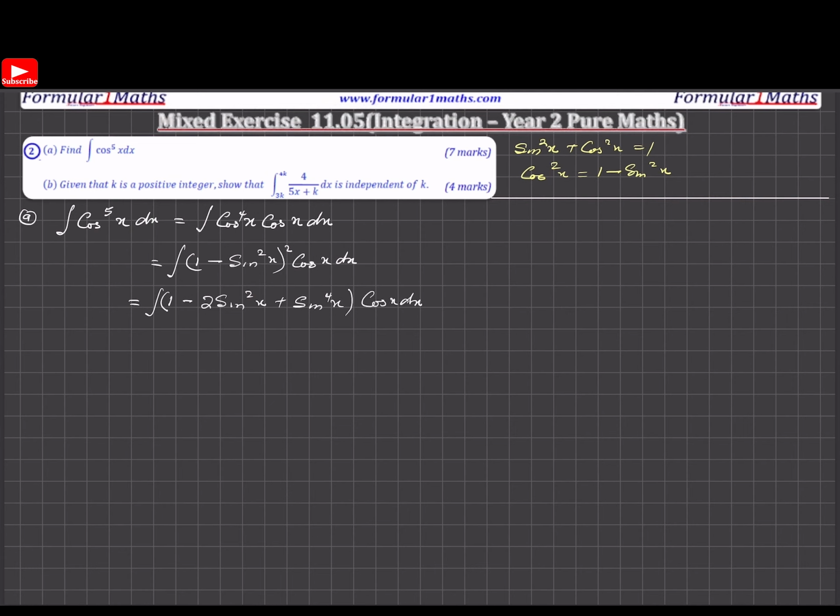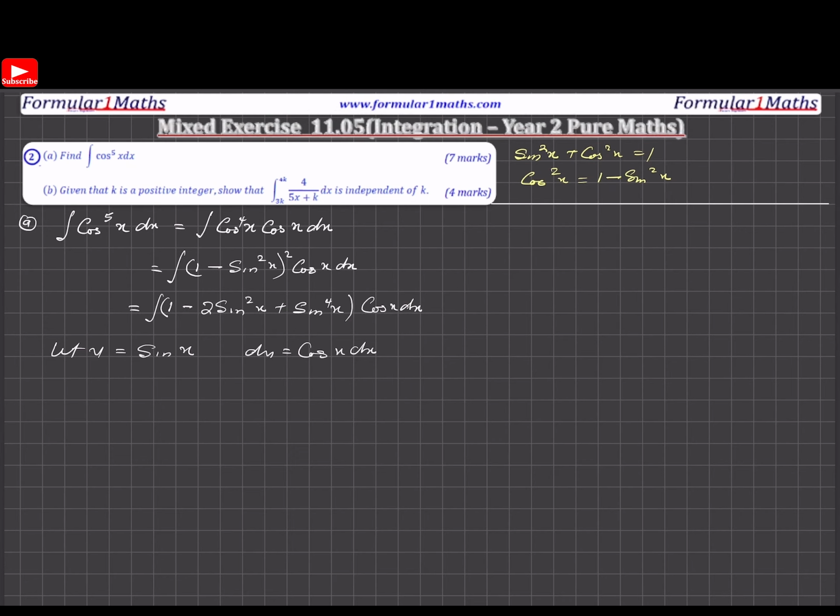So now let u equal sin x, which means du is equal to cos x dx. So now I can rewrite the whole integral as follows.